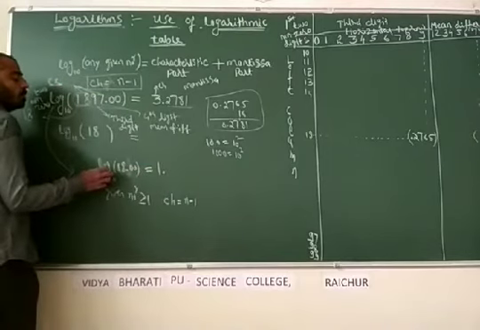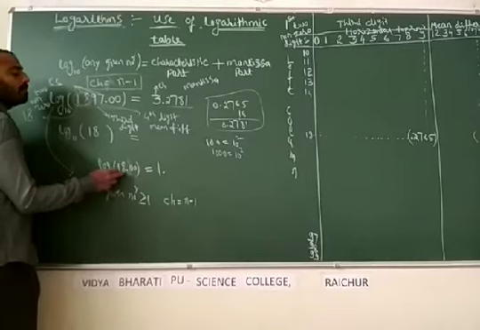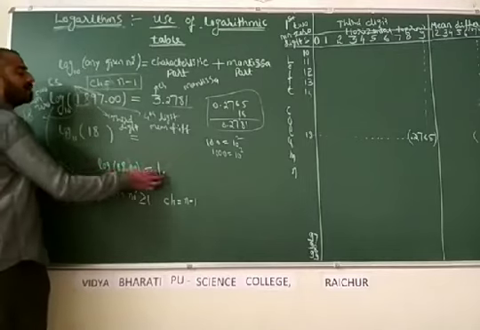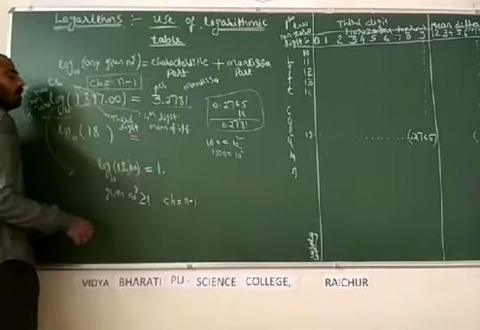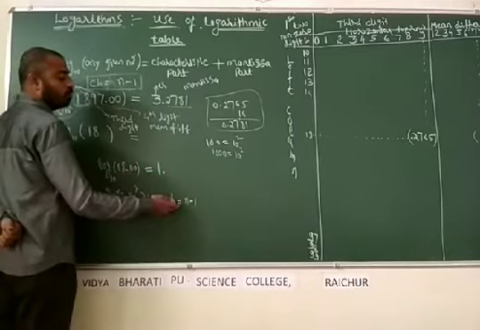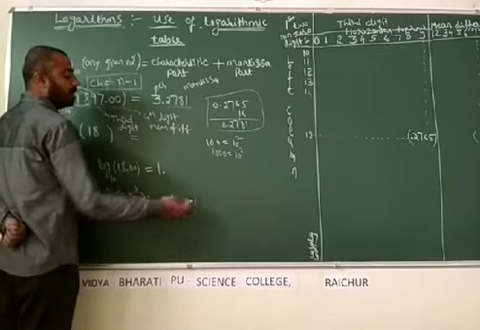Now, while finding the logarithmic value of 18, we have done part of that. The characteristic, the integral part, is found, that is 1, by using the rule characteristic is equal to n minus 1.